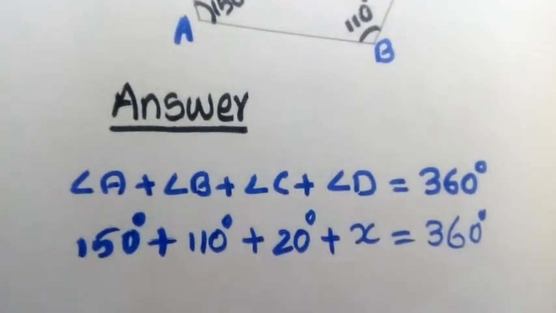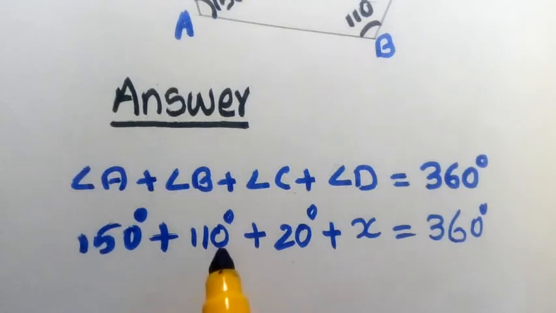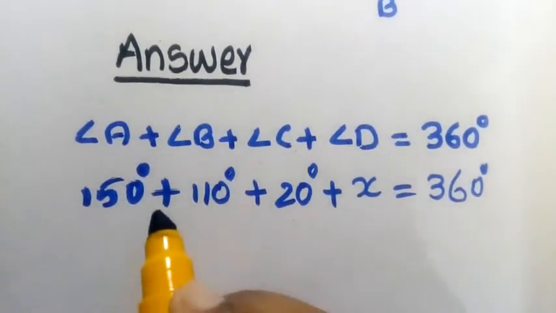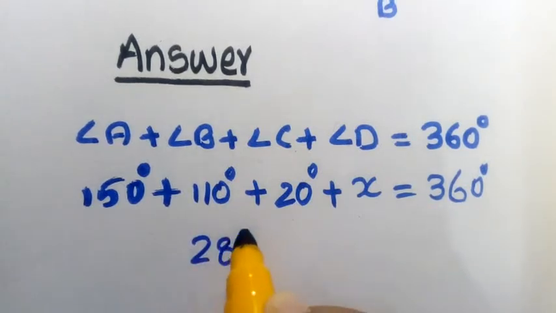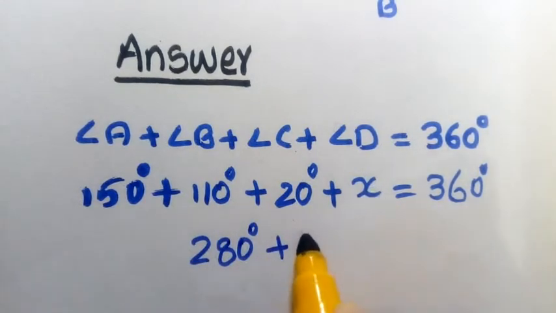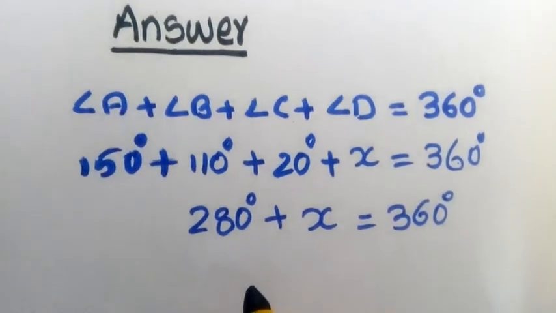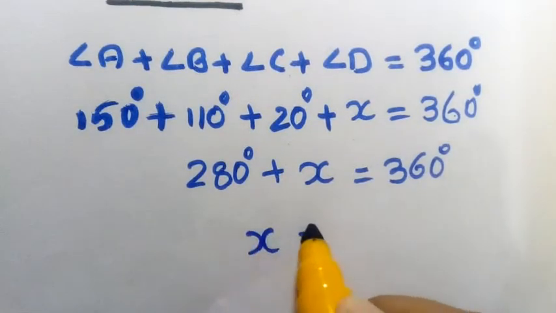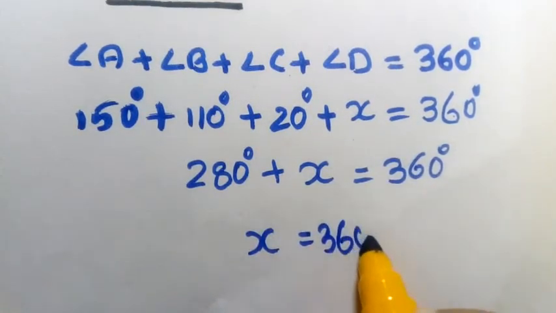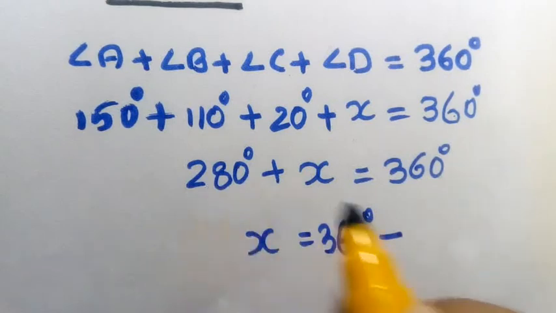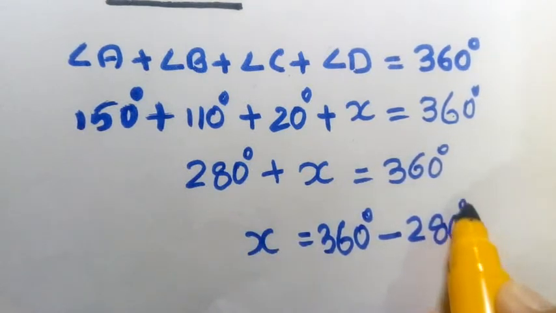Next step, 150 degree plus 110 degree plus 20 degree is 280 degree plus x is equal to 360 degree. From this, x is equal to 360 degree minus 280 degree.